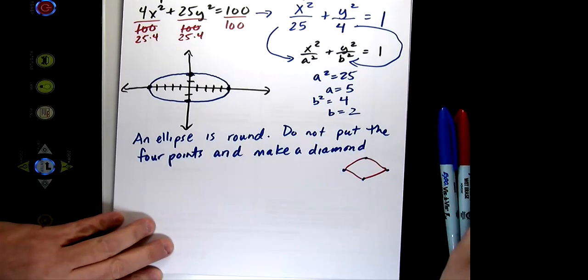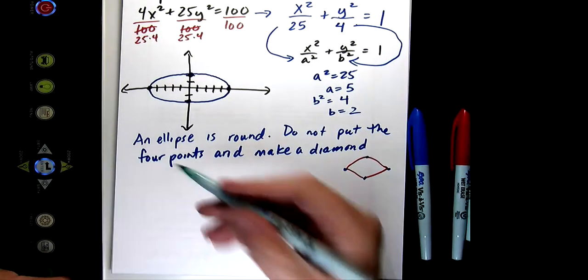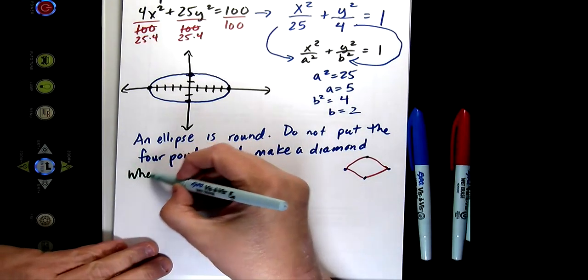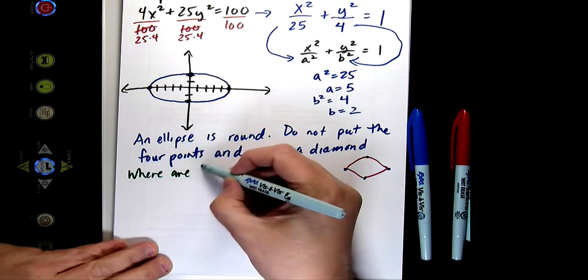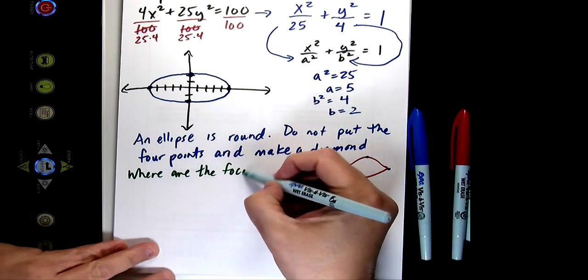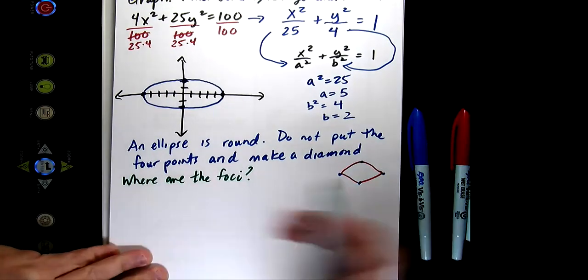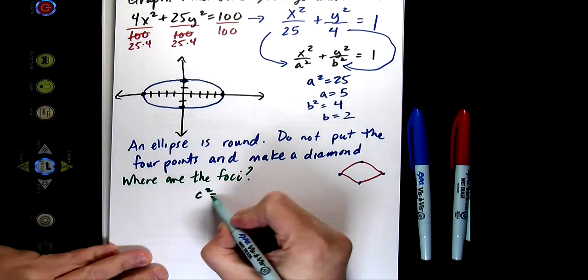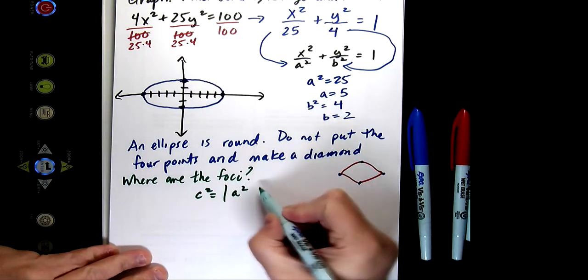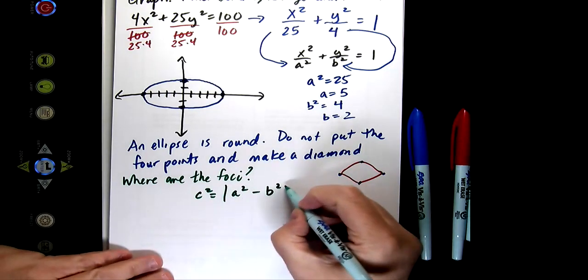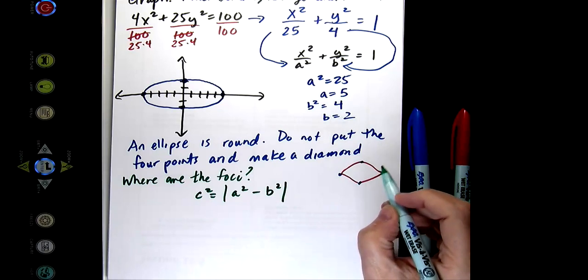But we can do it. Where are the foci? C squared equals a squared minus b squared. We will do one that's plus. That's the hyperbola.